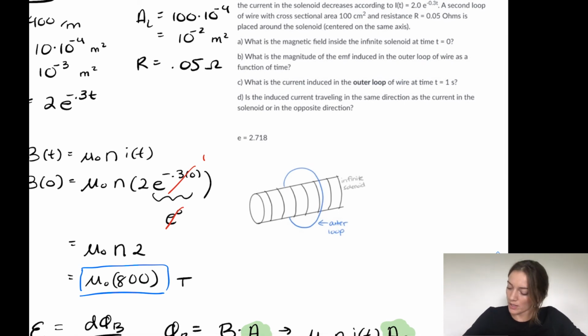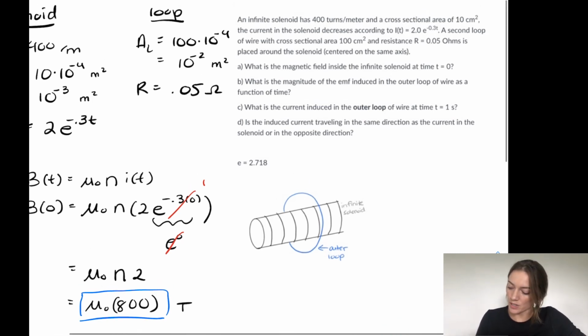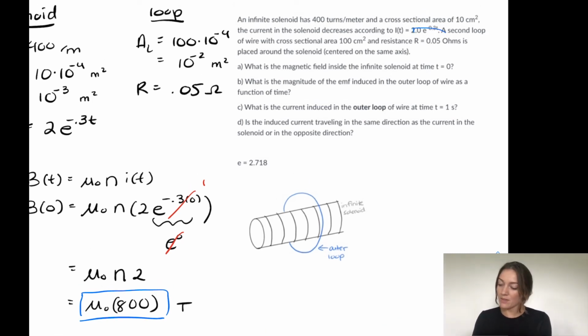So then for part D, we just want to know, is the induced current traveling in the same direction as the current in the solenoid, or in the opposite direction. We have a decreasing current, which means a decreasing magnetic field in this solenoid. No matter what direction the current is traveling, it's decreasing, which means we have a decreasing magnetic flux going through this outer loop.